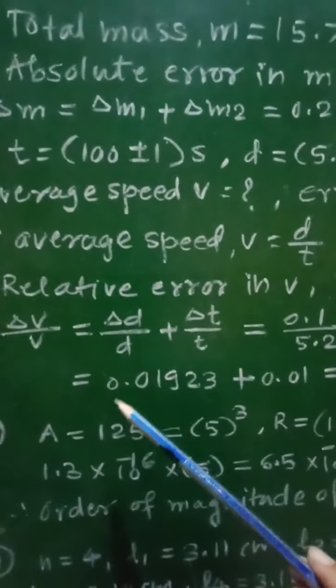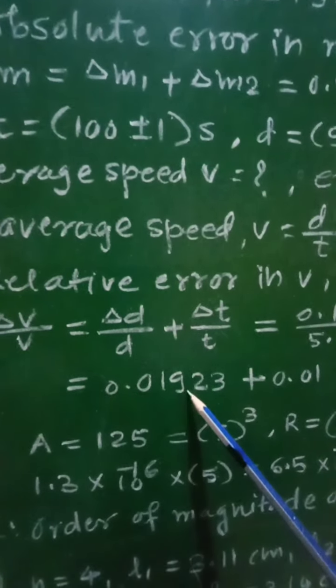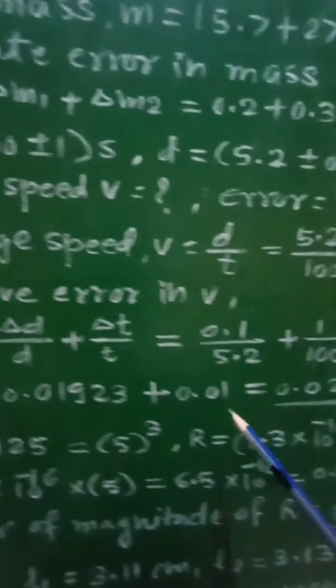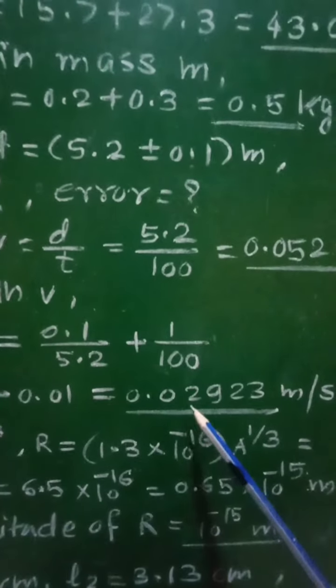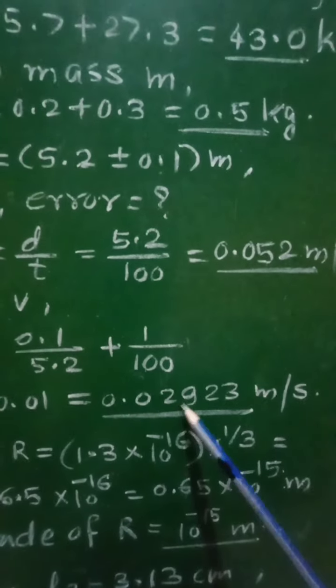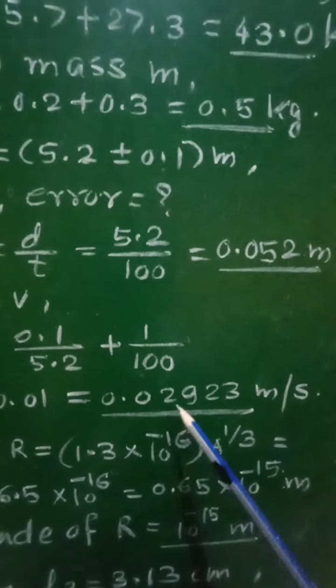Simplifying this, we will get delta phi upon phi equal to 0.01923 plus 0.01, which comes out to be 0.02923. So this will be the required relative error in the measurement of average speed.